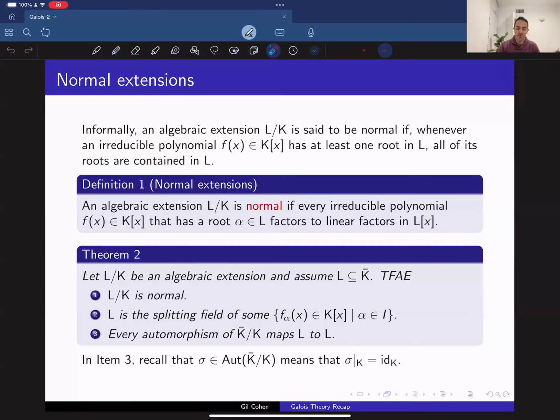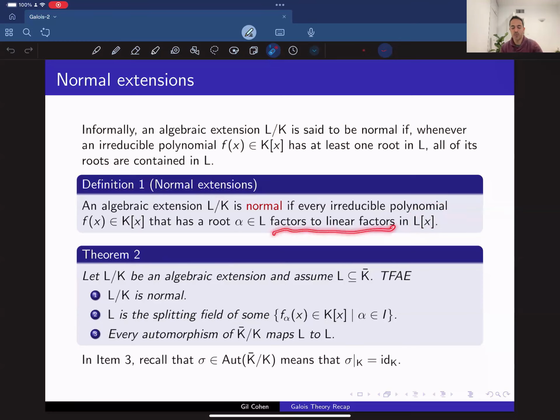So the right way to define normal extensions is as follows. An algebraic extension, again, all extensions are going to be algebraic, L over K is normal if every irreducible polynomial f of x with coefficients from K that has a root alpha in L factors into linear factors in L[x].